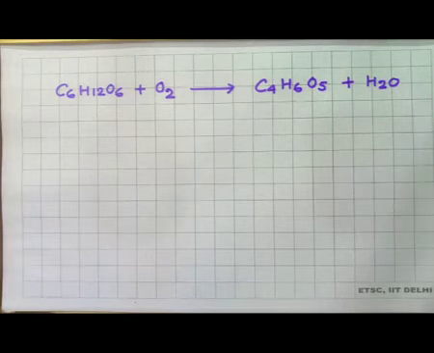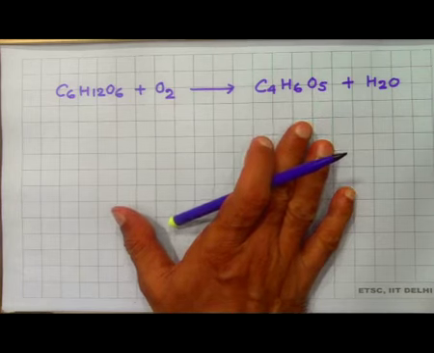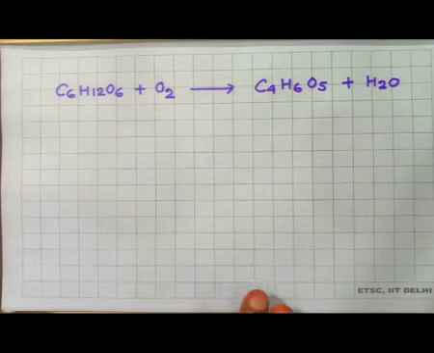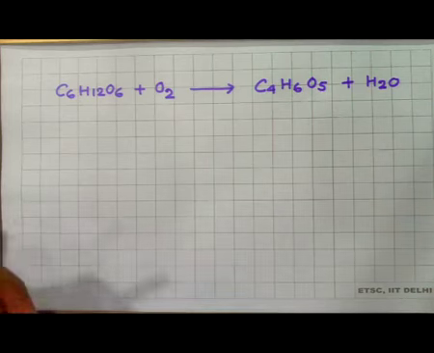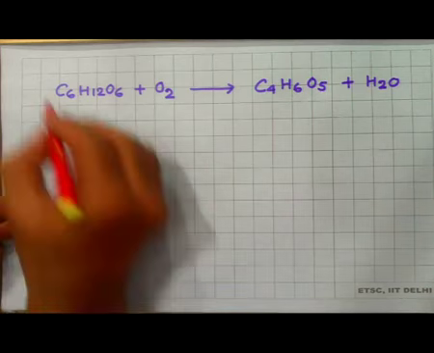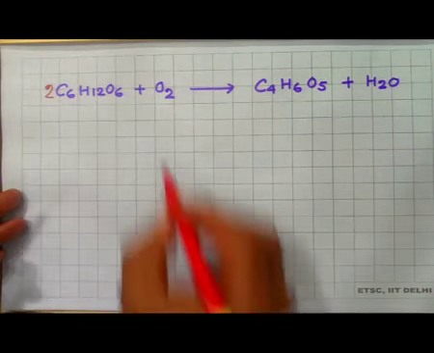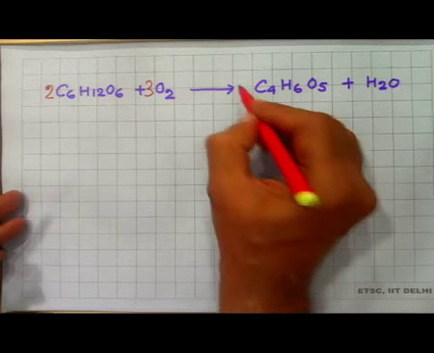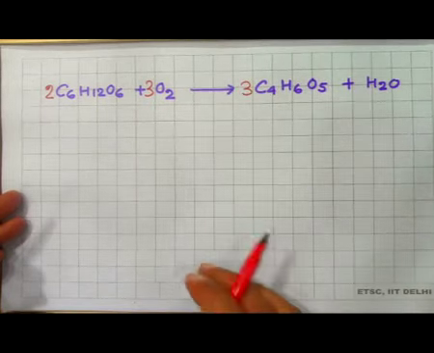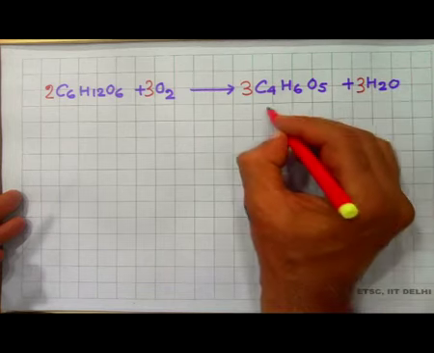In this reaction, you will find that there is no release of carbon dioxide. When we balance this reaction, 2 molecules of glucose, when combined with 3 molecules of oxygen, give 3 molecules of malic acid and 3 molecules of water.